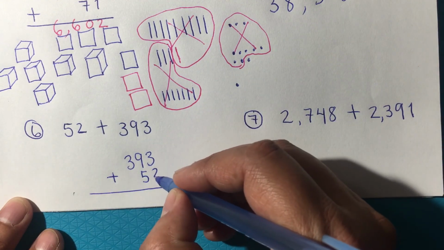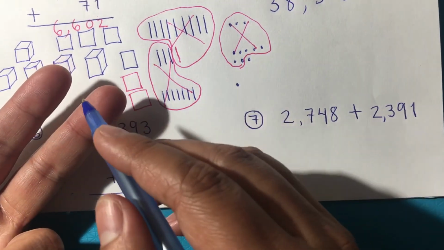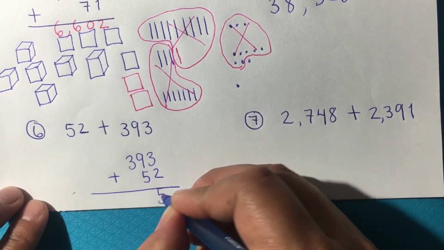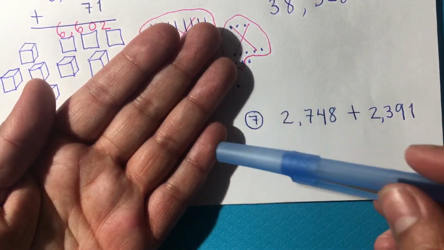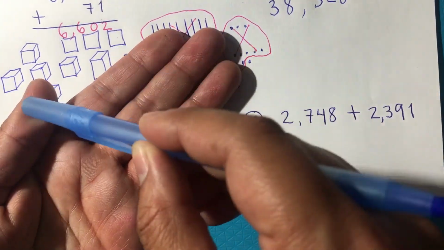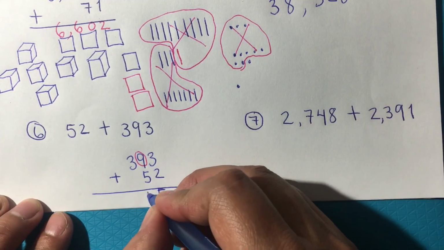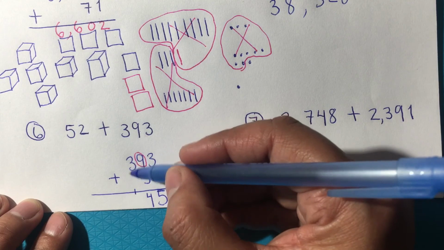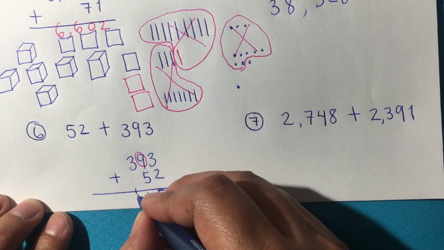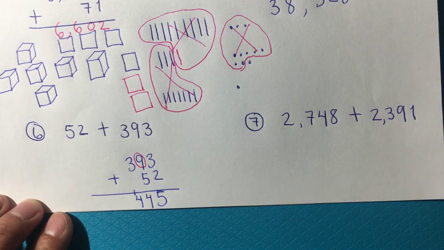So 3 plus 2, 3, 4, 5. 9 plus 5, it's 9 in my mind, and 5 more, 9, 10, 11, 12, 13, 14. So put the 4 and the 1 in here, and that makes 14. And then finally, 3 plus 1 is 4. So 445.